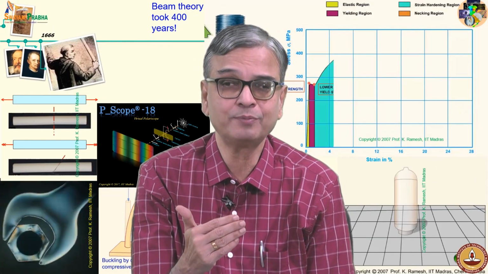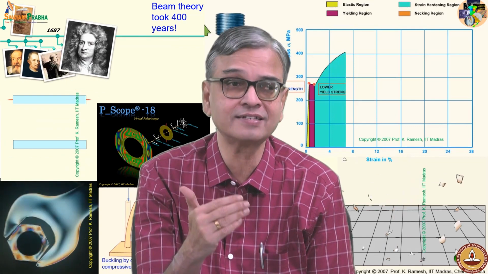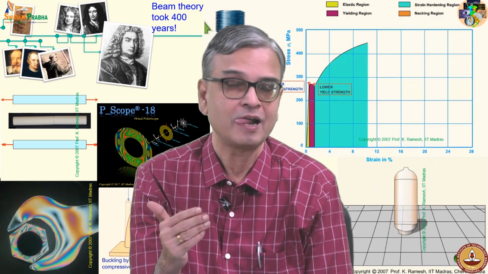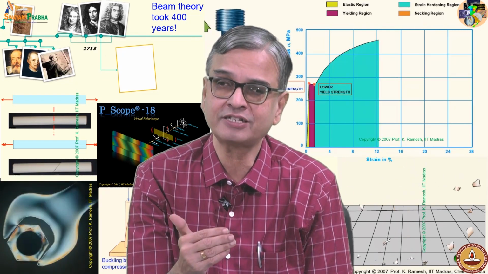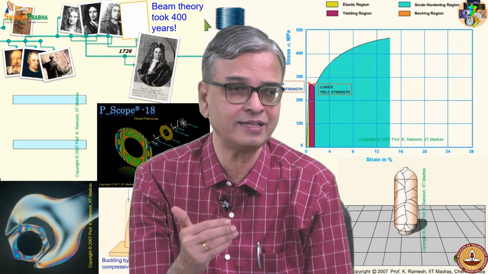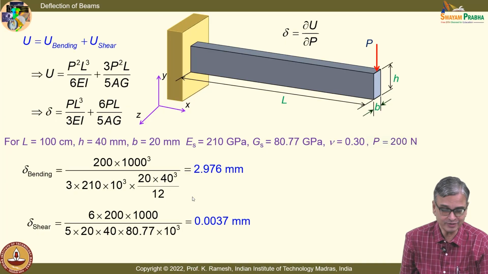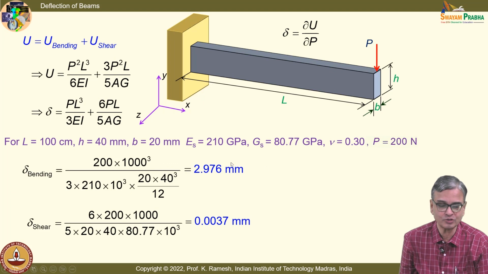You have to worry about shear under certain circumstances. You cannot neglect that. We have developed the moment curvature relation and determined the deflection for a variety of beams, neglecting shear. You have a justification when you substitute these actual values into this expression that shear deformation is very small.